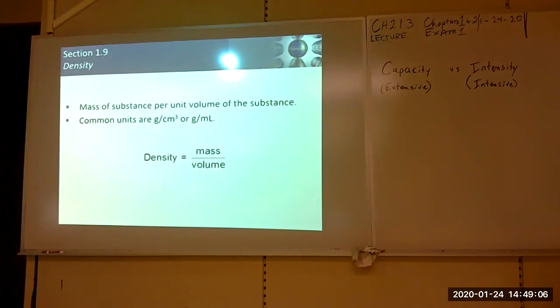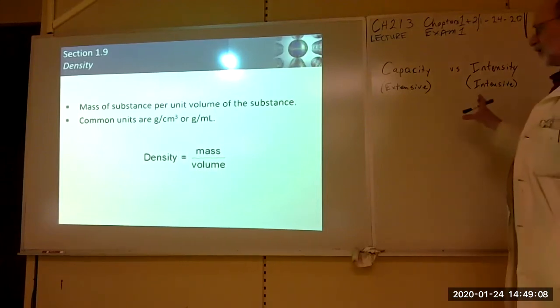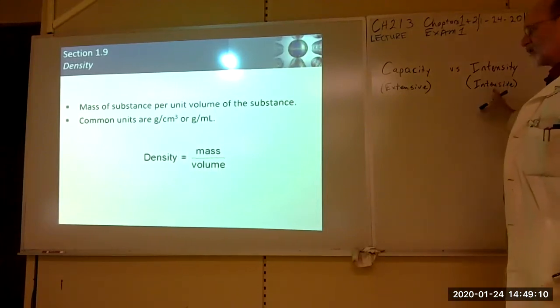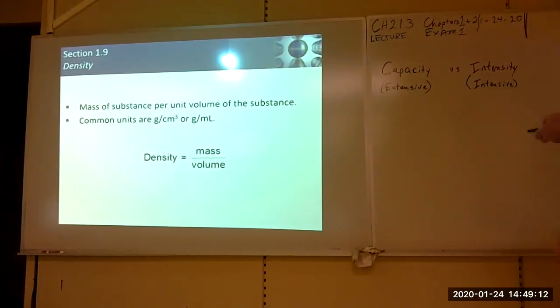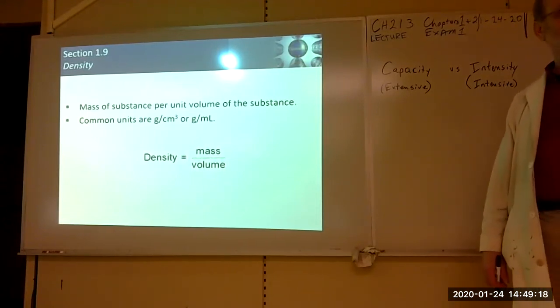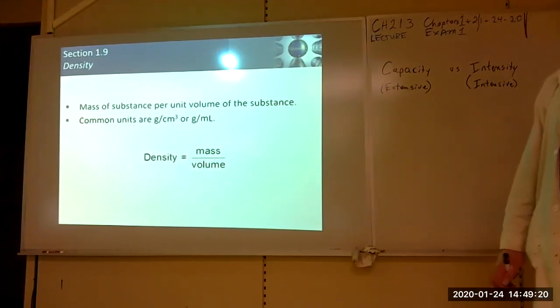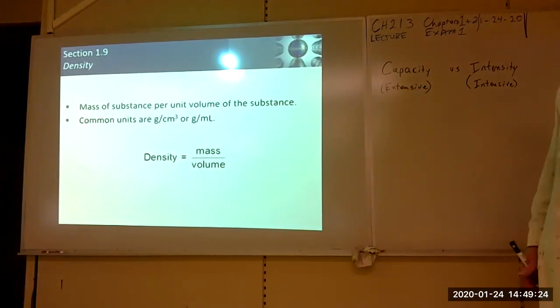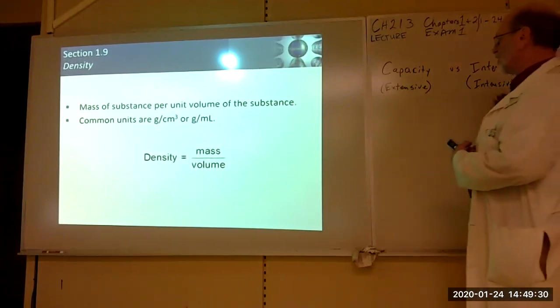Most other types of measurements, if they're intensity factors, are going to be ratios, like something per something. Density is a good example of that, mass per unit volume. We'll encounter others along the way. Certain concentration values, same deal.